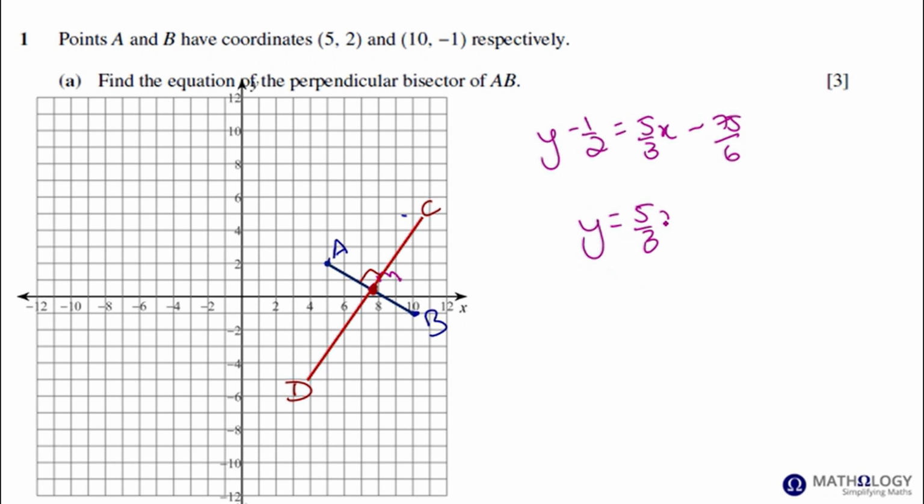So y equals 5/3 x minus 12. And this is the equation of the perpendicular bisector of AB. This is the equation of CD.